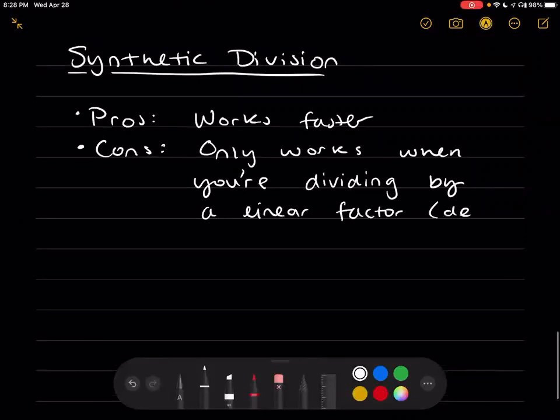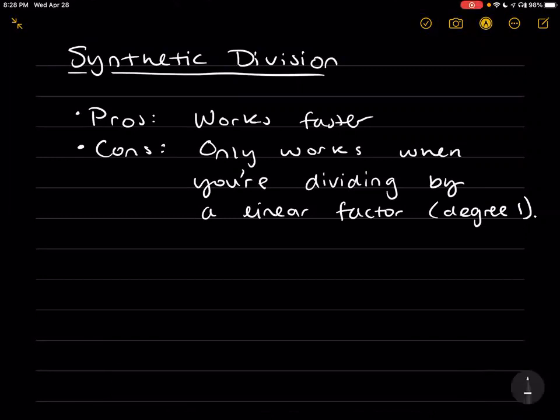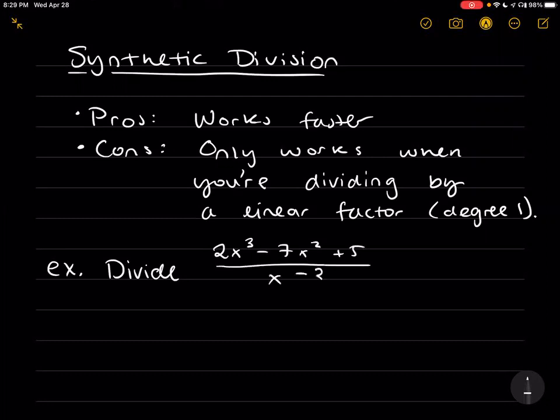So some degree 1 thing. Okay. So let's go ahead and do an example. Let's go ahead and divide 2x to the third minus 7x squared plus 5. And we'll divide that by x minus 3.